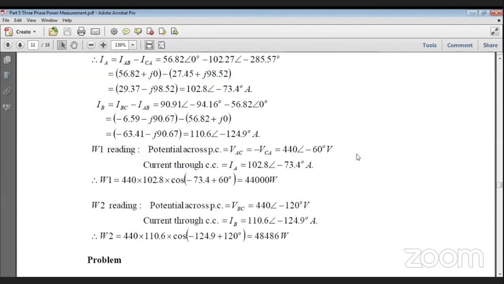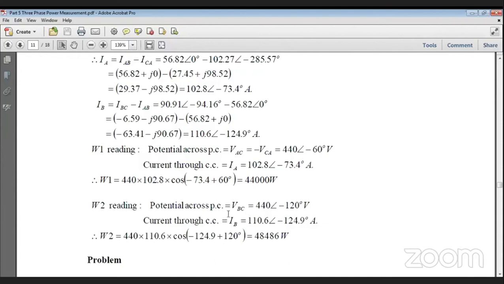Then current through CC is IA, which we have just calculated here. So that is it. So what is the power? 440 multiplied by 102.8. Then the angle difference between these two, that is a cosine of that. Similarly, for W2, the voltage across the potential coil is VBC. Here you don't require any minus because VBC is our cyclic order voltage.